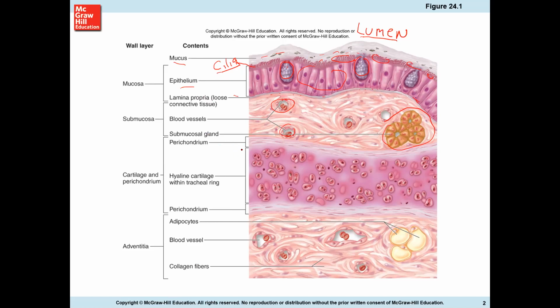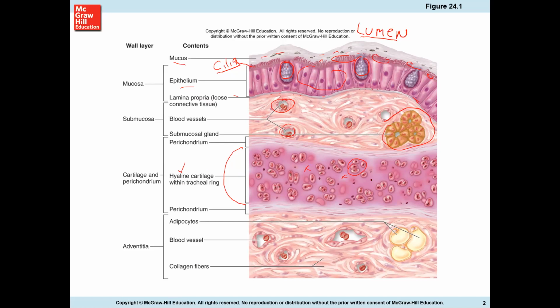Then we have this cartilage, supportive cartilage, because cartilage is strong. This is all collagen in here. And these are all chondrocytes in the lacunae. Hyaline cartilage, a lot of hyaline cartilage in the respiratory system, the larynx especially, and the tracheal rings, just like the costal cartilage. But this is around the conducting tubes.